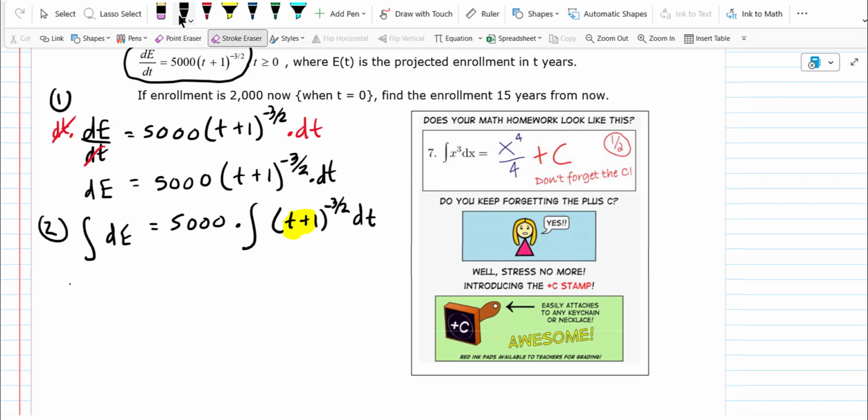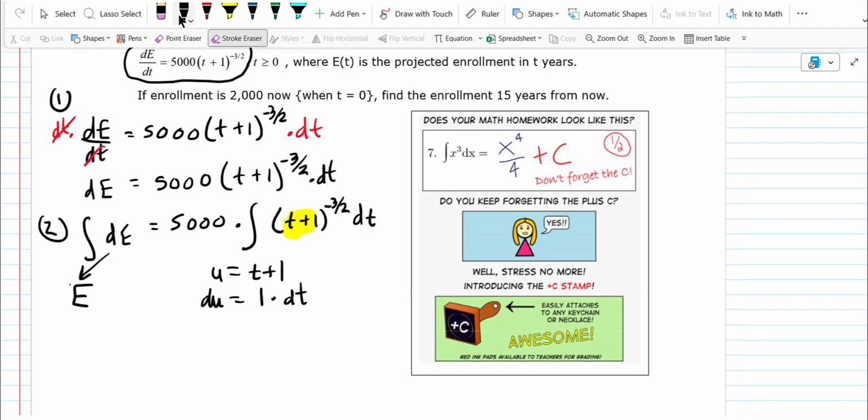The antiderivative of dE is E. It's the opposite: if you have a derivative of E, the original function's E. Now on this integral, we're going to let u be t plus 1. So what's du? 1 times dt, so it's really just dt. The derivative of t plus 1 is 1.